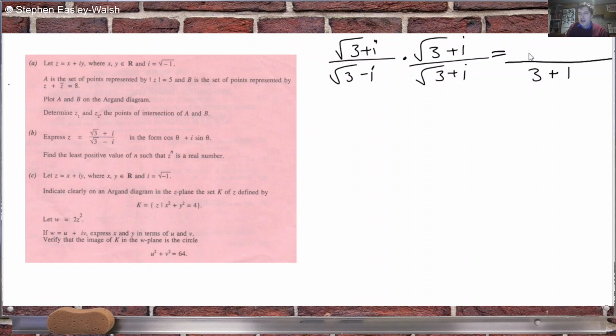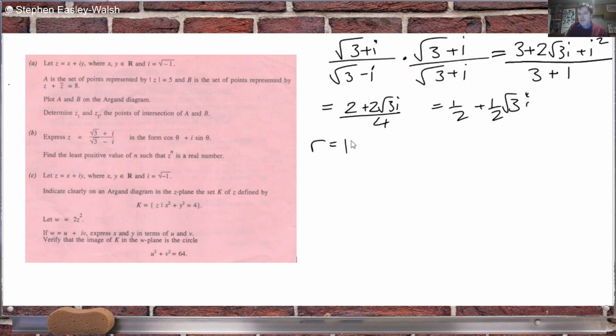And on the top, it would be 3 plus 2 root 3i plus i squared. So that would equal 2 plus 2 root 3i over 4, which is a half plus a half root 3i.